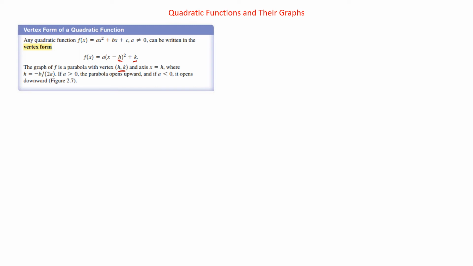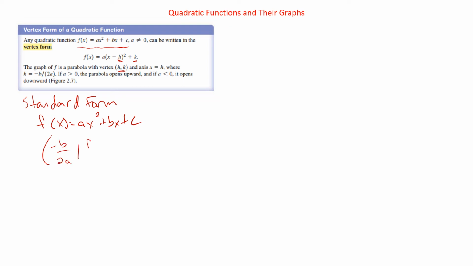Standard form is this form. Standard form is f of x equals ax squared plus bx plus c, where the x part of the vertex is negative b over 2a.